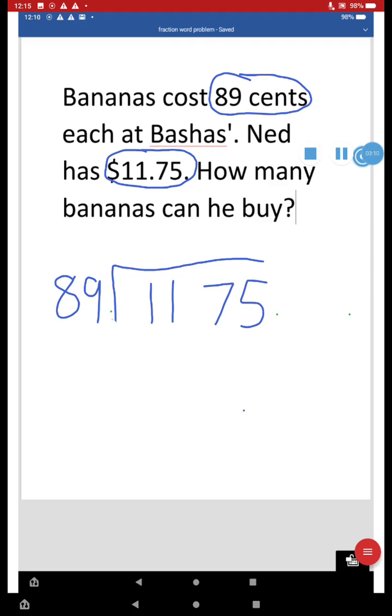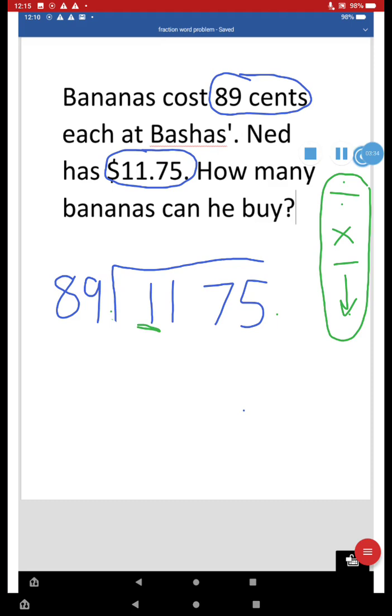All right, do you remember what we do when we work with division? We have to, ready, say with me, divide, multiply, subtract, and bring down. Say it again. Divide, multiply, subtract, and bring down. All right. Well, what's 1 divided by 89?